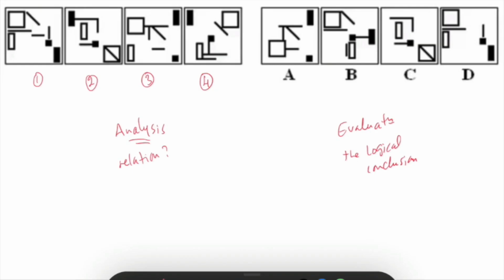So let's start with analysis to find the relation between patterns 1, 2, 3, and 4. Let's focus here on pattern 1. Let's try to count the number of shapes included in the big square. We have 1 black rectangle, 1 white rectangle, so that's 2 now.